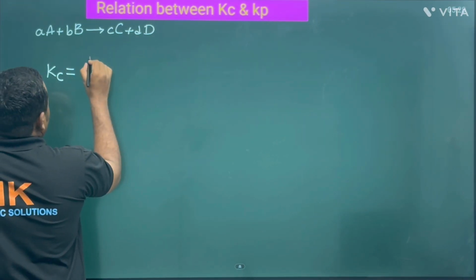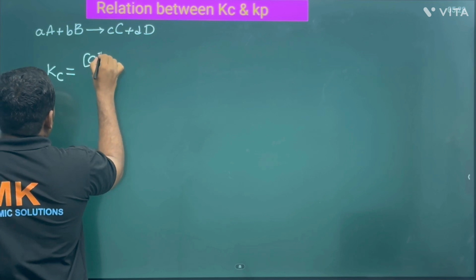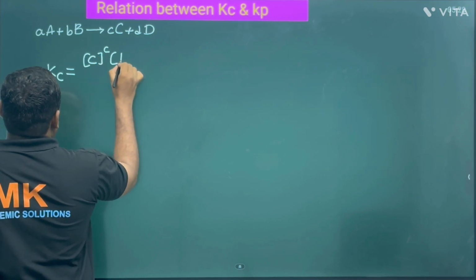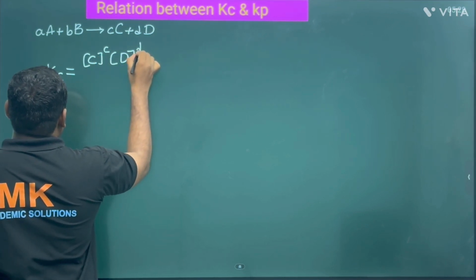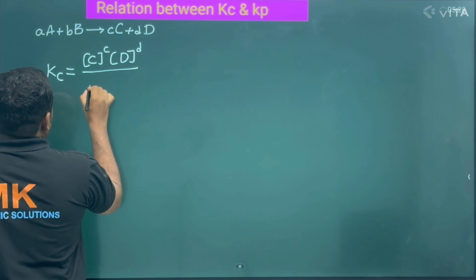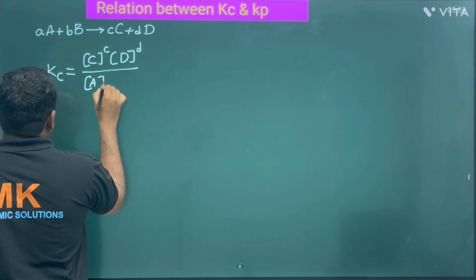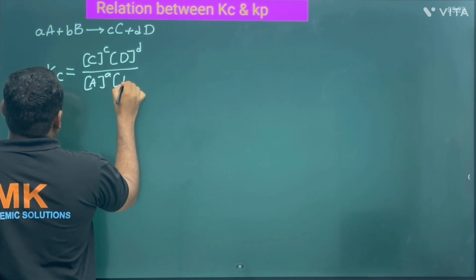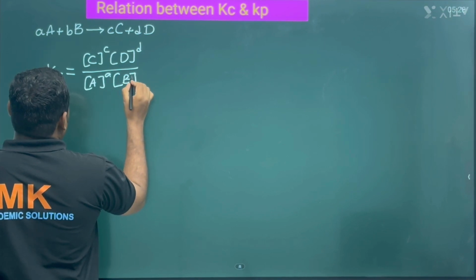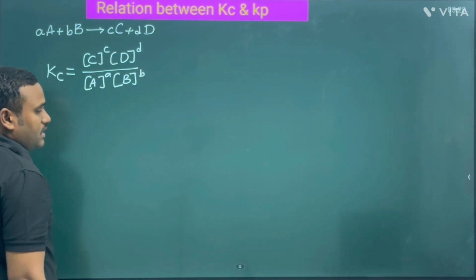Simply, the concentration of C to the power c and the concentration of D to the power d, divided by the concentration of A to the power a and the concentration of B to the power b. This is Kc.